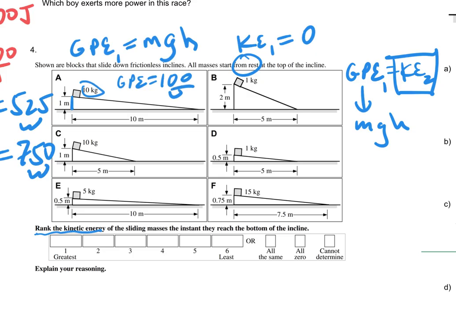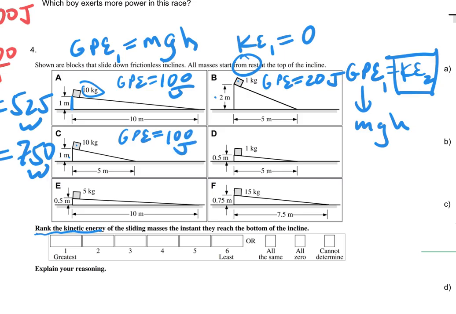This one, GPE is mgh, 1 times 2 times 10, 1 times 20 is just 20 joules. In case C, GPE is equal to mass times height times g, so 10 times 10 is 100 joules again.